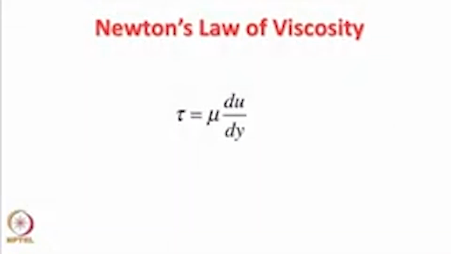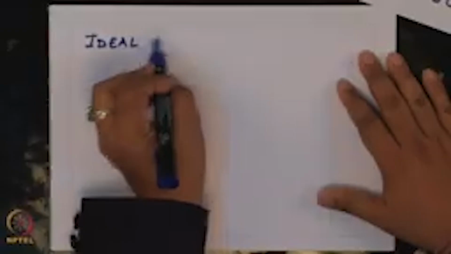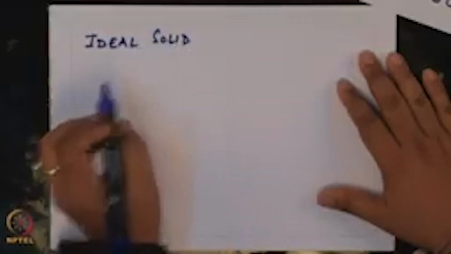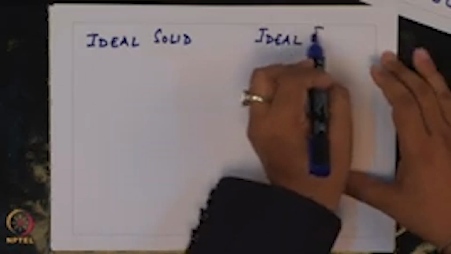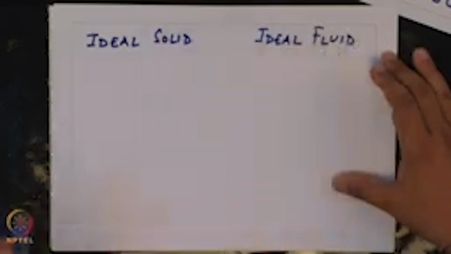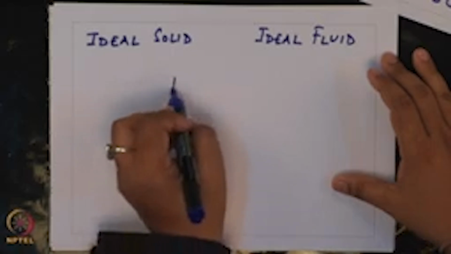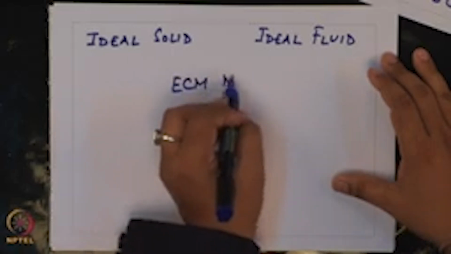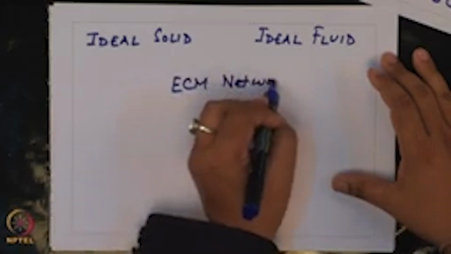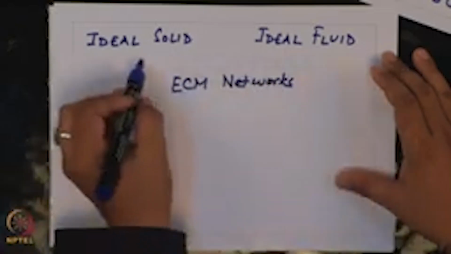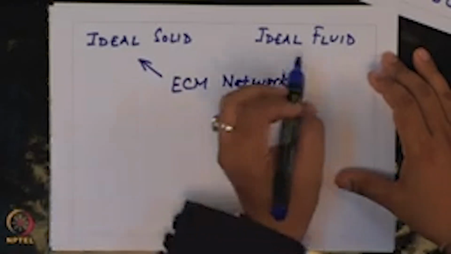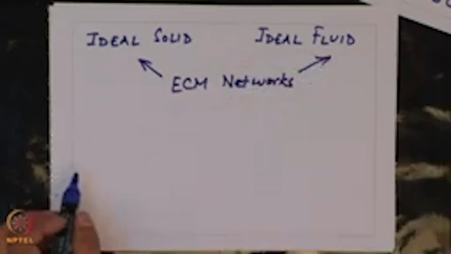Now, this brings us to the question. You have two extremes, an ideal solid and an ideal fluid. If you talk of ECM networks, where do they lie? Is an ECM network an ideal solid or an ideal fluid?